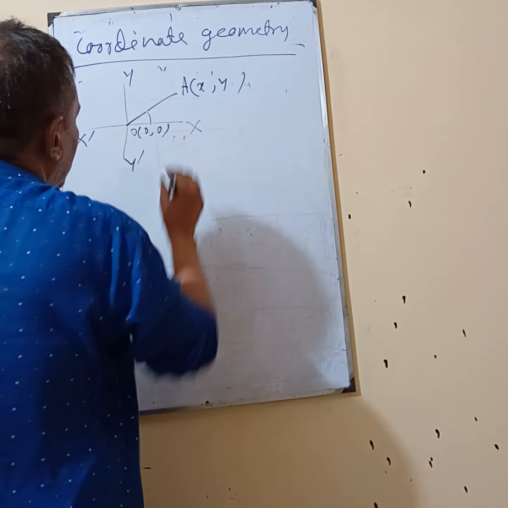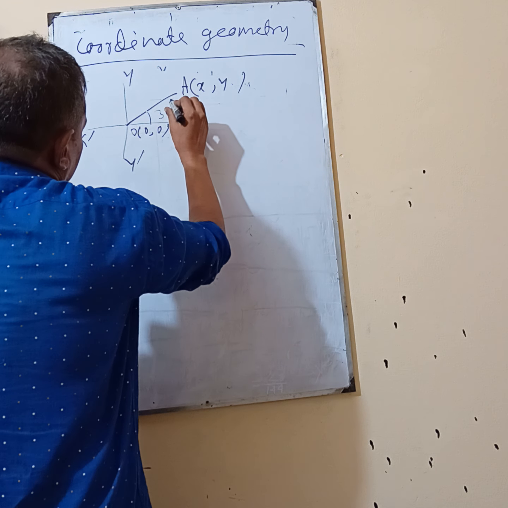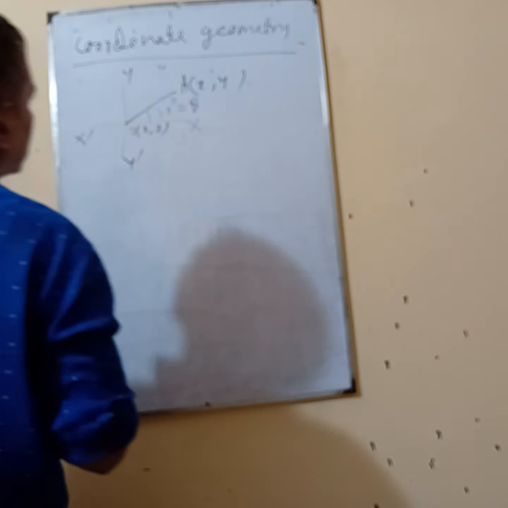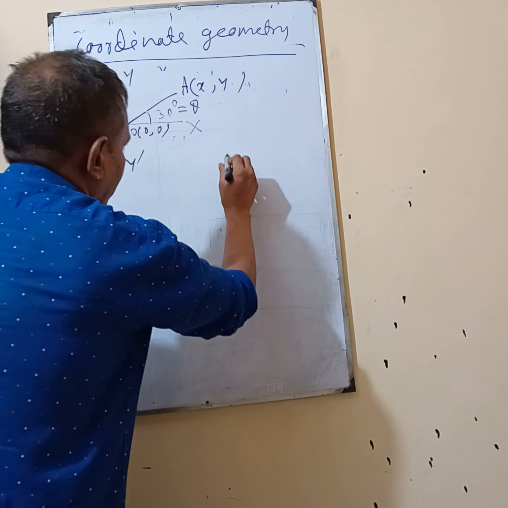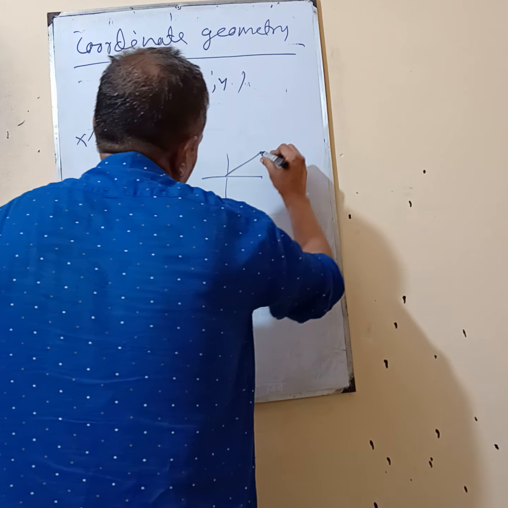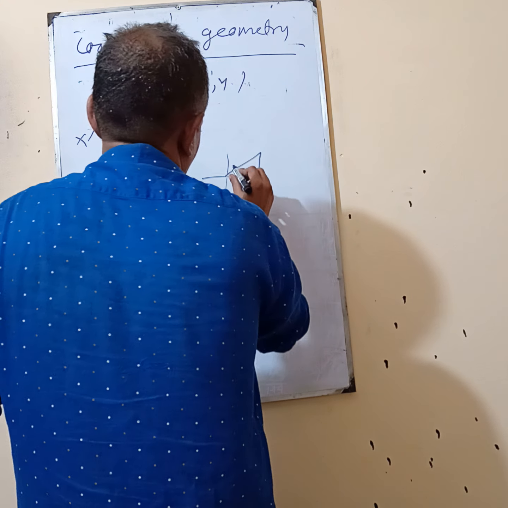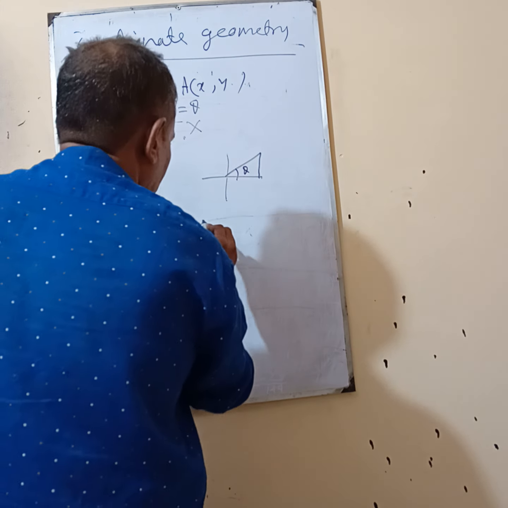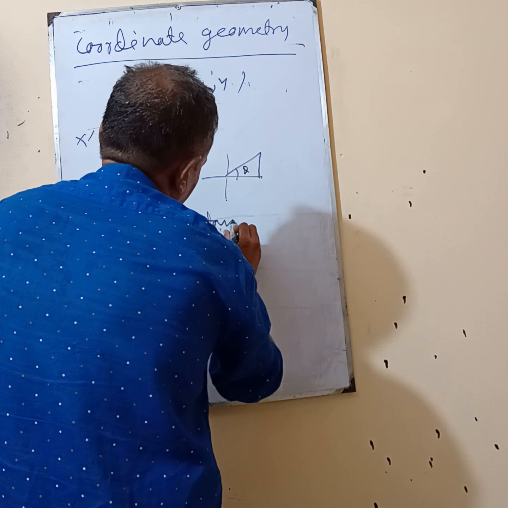This angle is 30, theta. Now I have to write a system. Theta depends on tan theta.